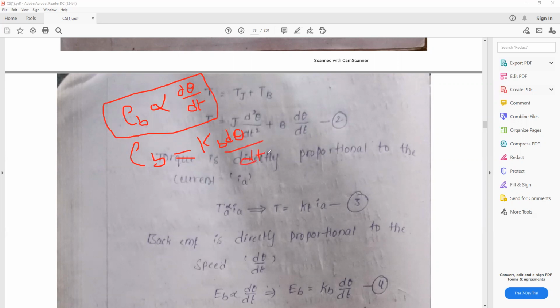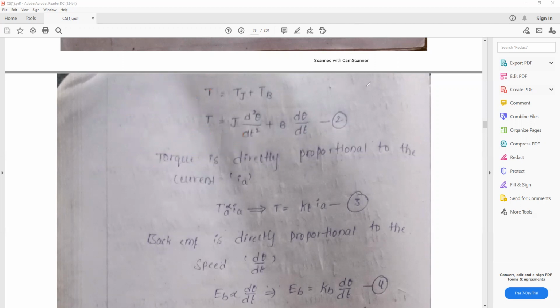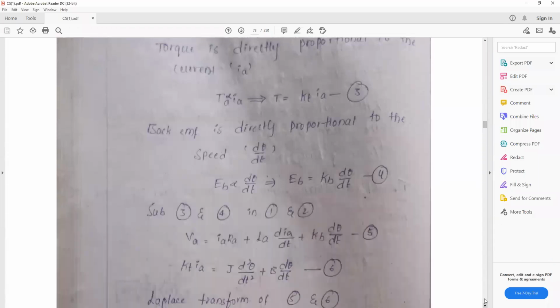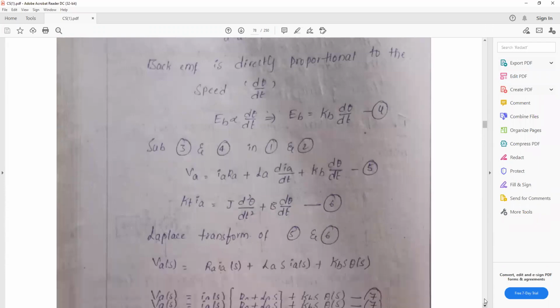So in the four equations, the first equation is apply KVL at the armature loop, then the connecting load J and B, the torque is directly proportional to the armature current, and back EMF is directly proportional to angular speed. Now apply Laplace transform on equations 1, 2, 3 and 4.